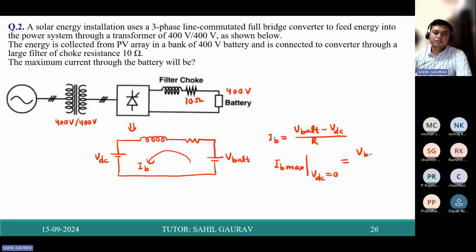So IB maximum is V battery upon R. V battery is 400 volt, R is 10 ohm. So it will give you 40 ampere. So 40 ampere is the answer.